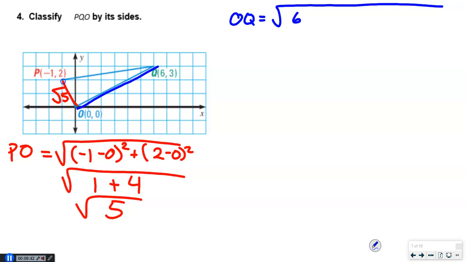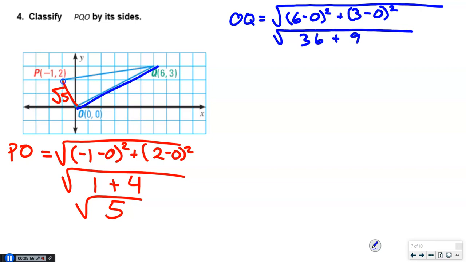So I have 6 minus 0 squared plus 3 minus 0 squared gives me 36 plus 9. So that is the square root of 45. So my blue line here, its length is square root 45.